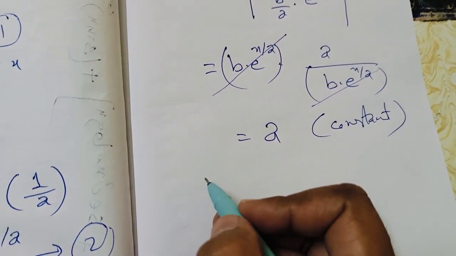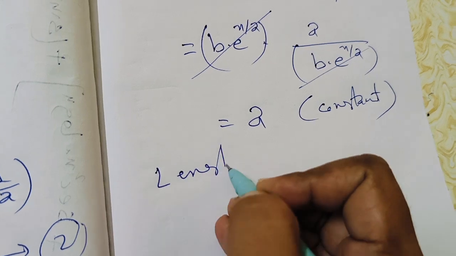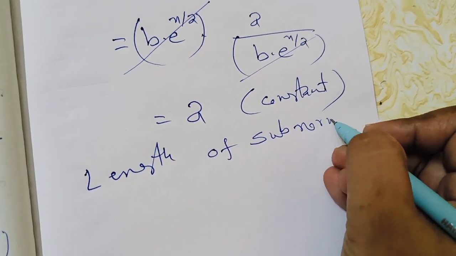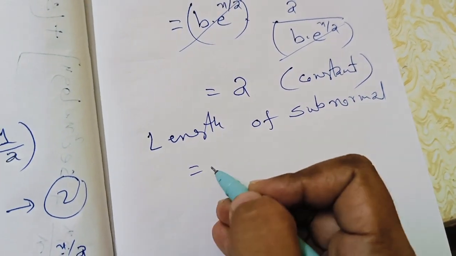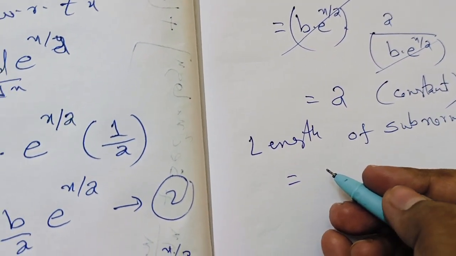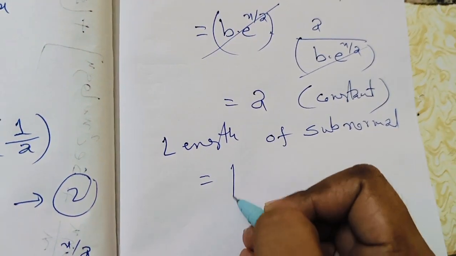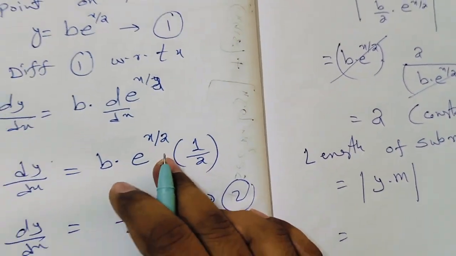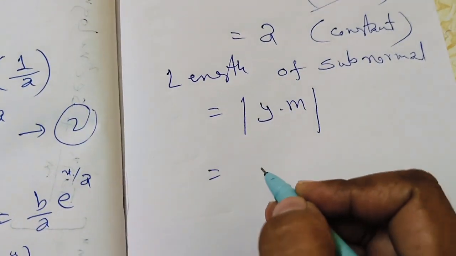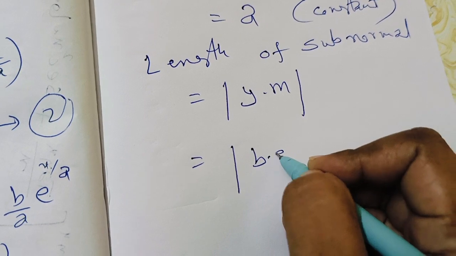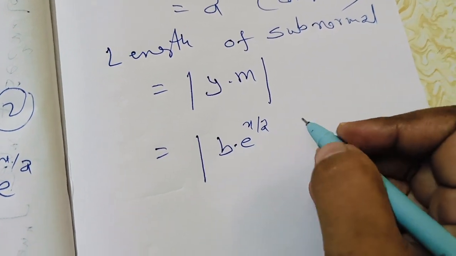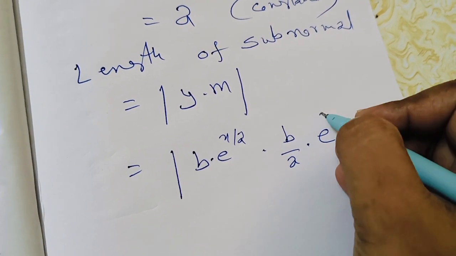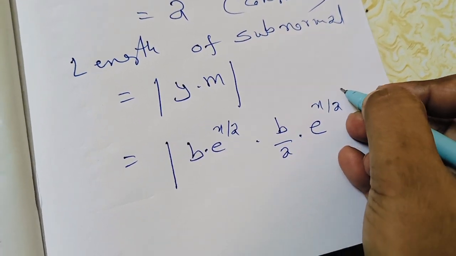Now length of subnormal. Length of subnormal is y into m. Here we will multiply the curve and the slope. The curve is b e^(x/a), and the slope is (b/a) e^(x/a).